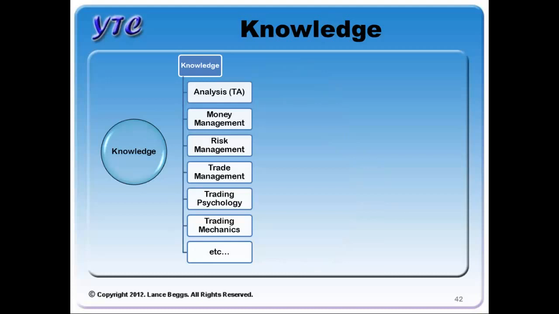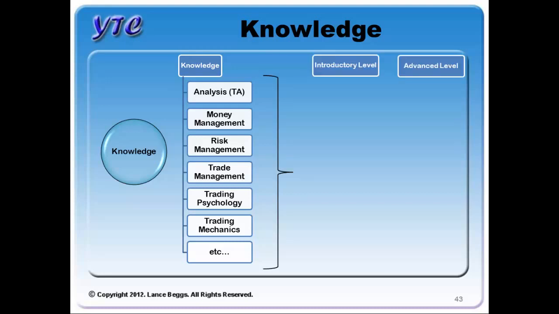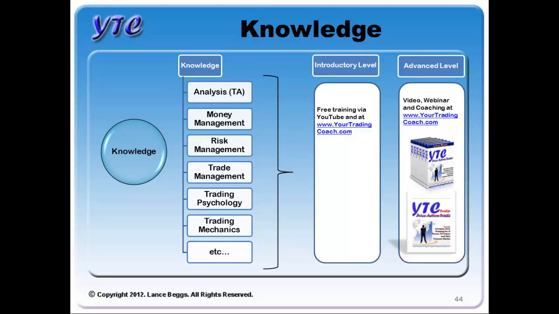Trading knowledge itself can be broken into many subcategories: analysis, money management, risk management, trading psychology, trading mechanics, and more. And each of these can be broken into introductory level and advanced level knowledge. In time, I aim to provide all this: the introductory level knowledge through YouTube videos and other similar tools, and the advanced level knowledge through video or webinar only available through my site.